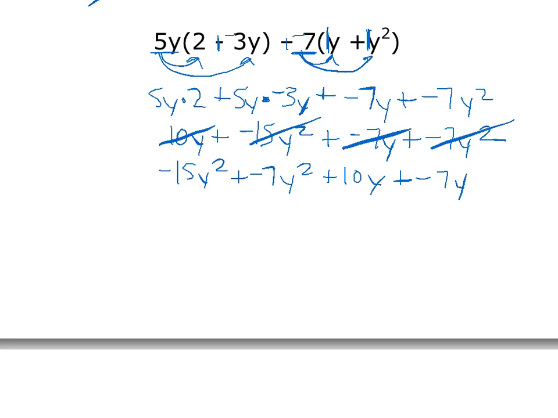So now we're doing addition, Trayana. So when we're doing addition and combining like terms with addition, the variable always stays the same. So we have negative 15 plus negative 7 is like signs add, negative 22y squared. Remember, when we're combining like terms, we're doing that addition, the variable always stays the same.